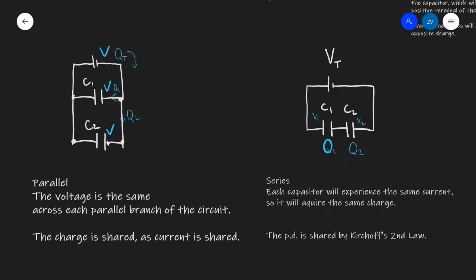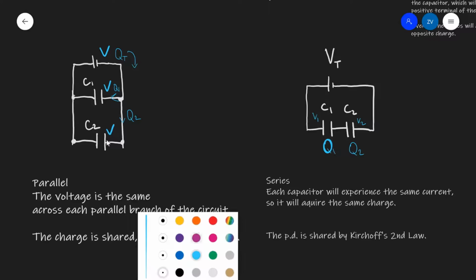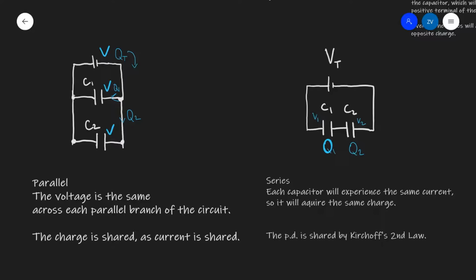However, because the current is shared in a parallel circuit, being added up, this also means that the charge is going to be shared as well. In practice, this means that the total charge Q total will be equal to Q1 plus Q2.